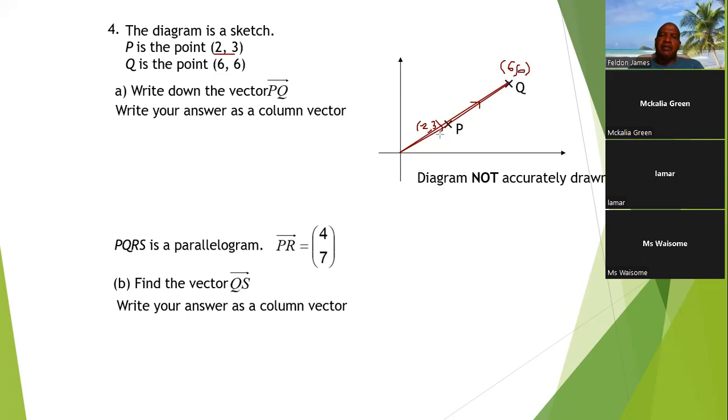Now, if you are to find the vector PQ, what you're really saying is that to get from P to Q, you can go from P to O, and if you go from P to O, you will be going the negative of (2, 3).